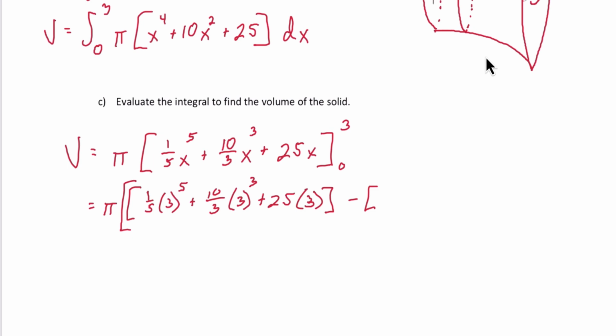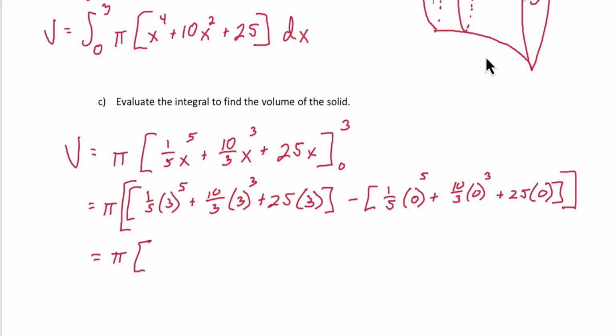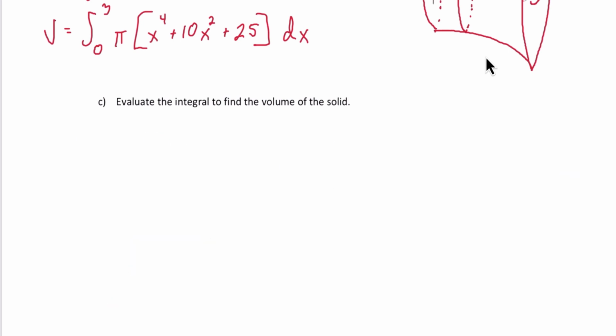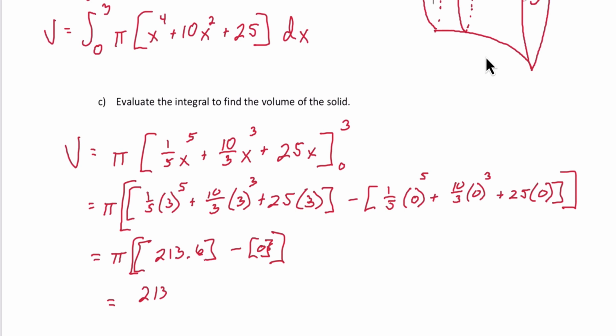We'll need an extra set of brackets here. 1/5, plug in 0, plus 10/3, 0 cubed, plus 25 times 0. Simplifying this, we'll just throw this into the calculator. We'll get 213.6 minus 0, leaving us with 213.6 pi.